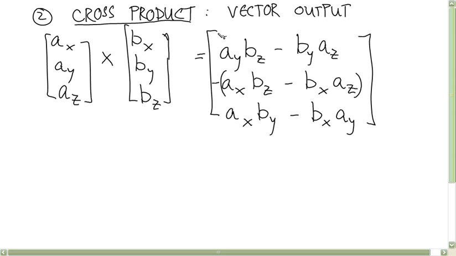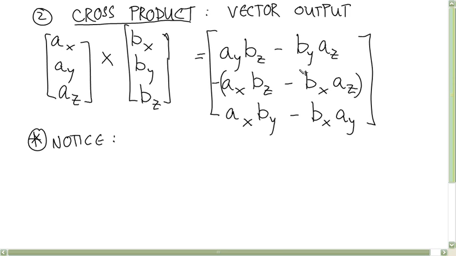And what happens if you have two-dimensional vectors? You're taking the cross product between vectors with 0 Z components. Well, look at the output's X and Y components here. You have Z components in every term, so this is all equal to 0.